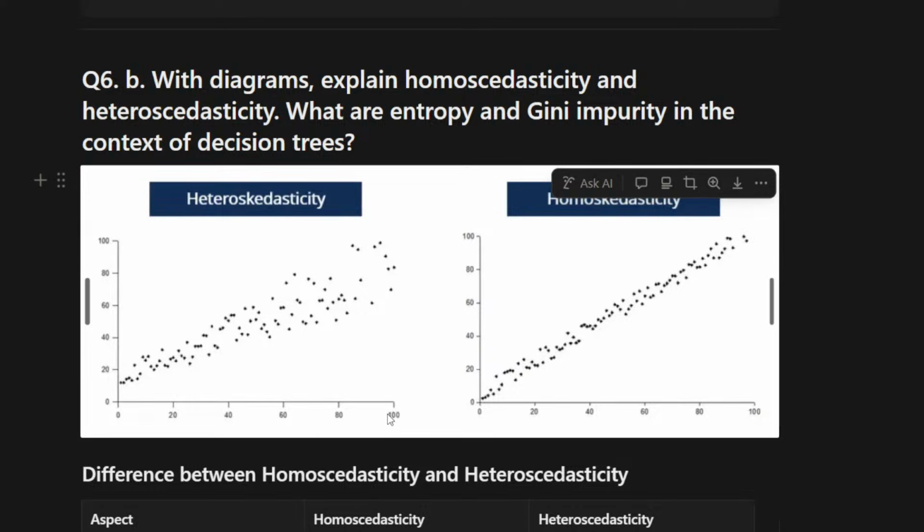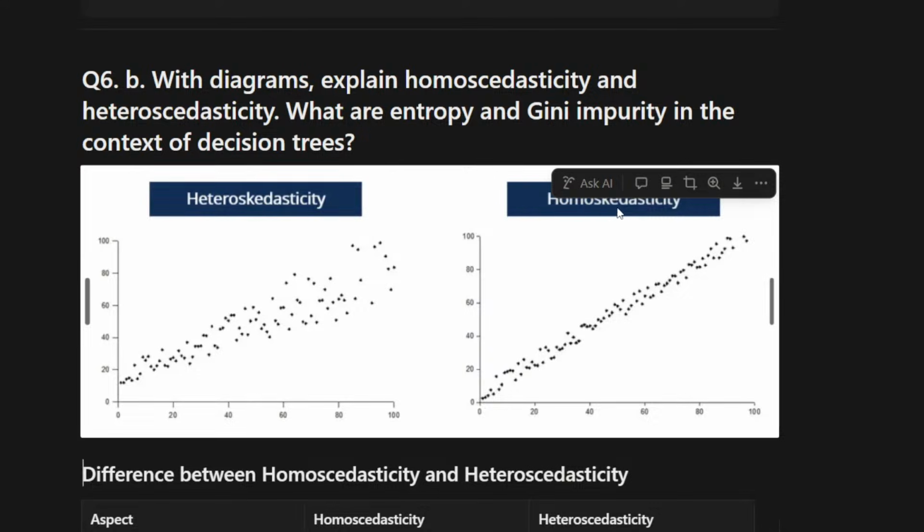Remember the x labels; x is the input, right? As you get more and more inputs, you can see that the spread is increasing in the graph. Here the spread was less, and as we go towards the right side, the spread is increasing, which means the variance is also increasing.